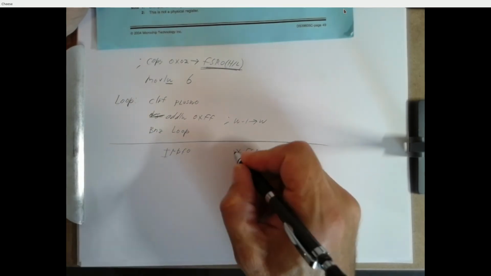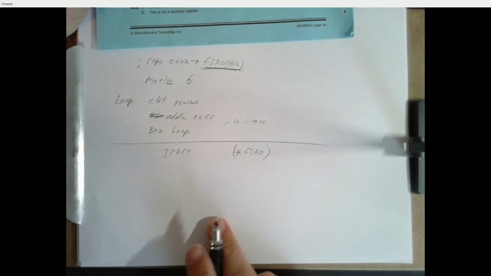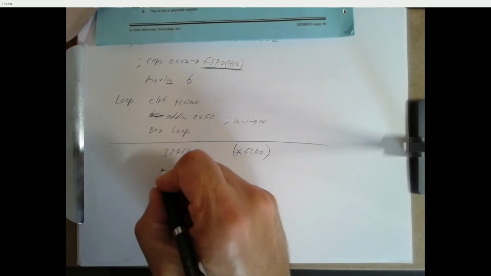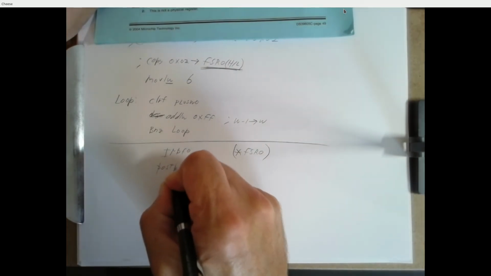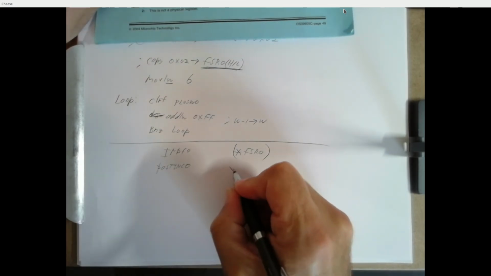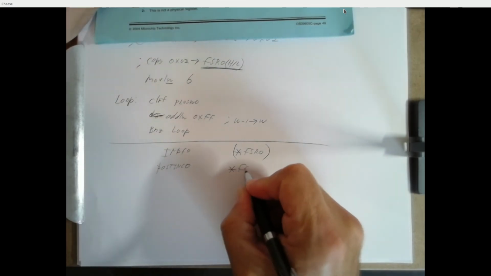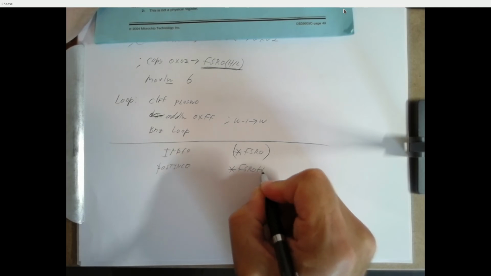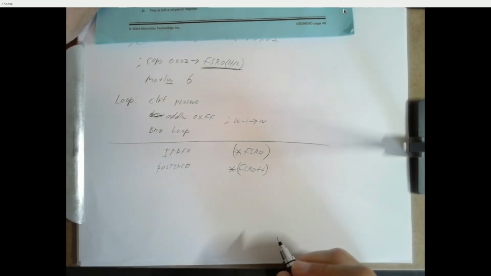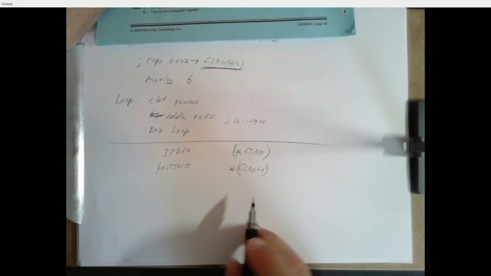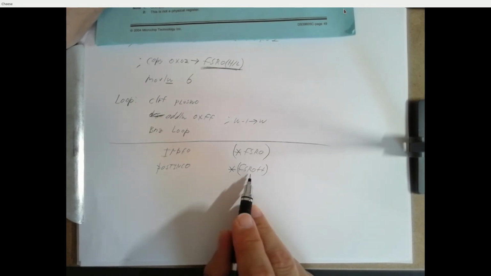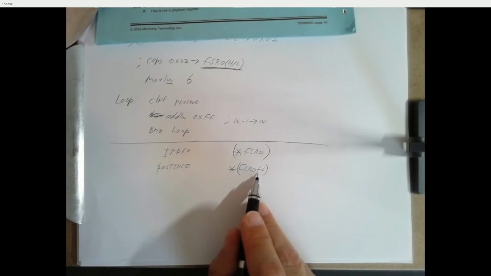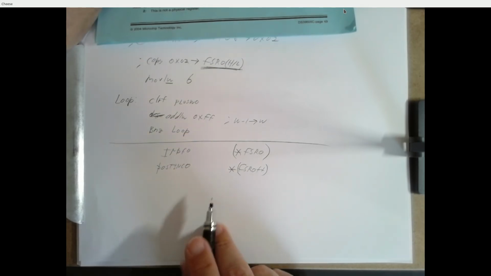INDF0 basically says, let's look at the thing pointed to by FSR0. POSTINC0 is basically *FSR0++. Which means look at the thing pointed to by FSR0, and when you're done looking at it, increment FSR0.